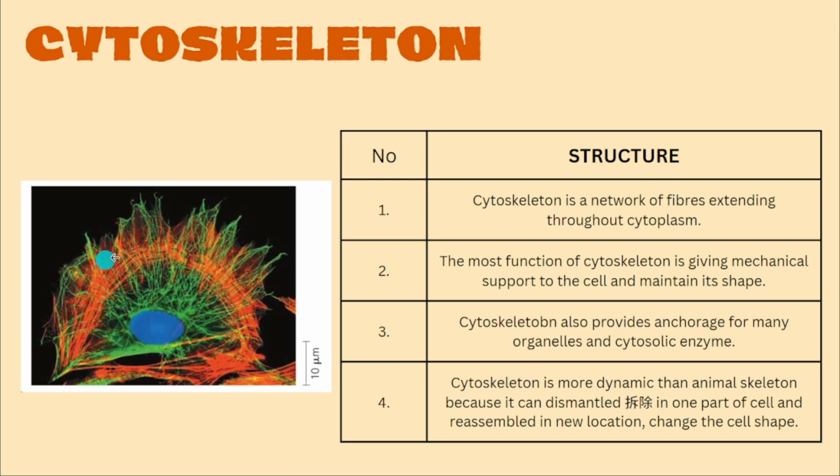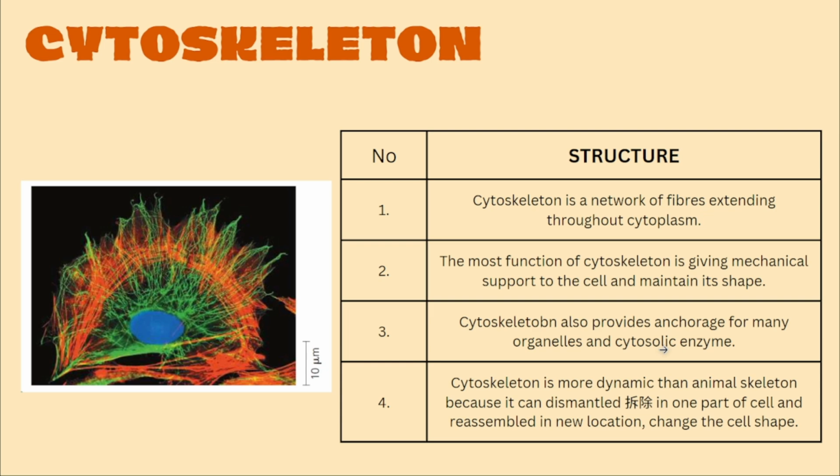All of them, the green color, orange color, all of these are the cytoskeleton. The main function is to provide mechanical support and maintain the cell shape. The cytoskeleton also provides anchorage for many organelles and also enzymes.